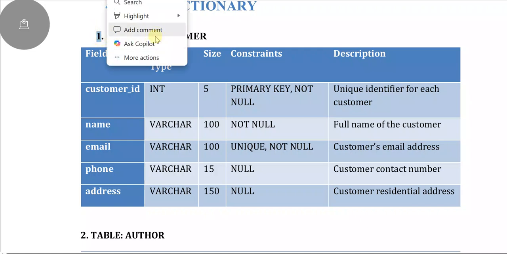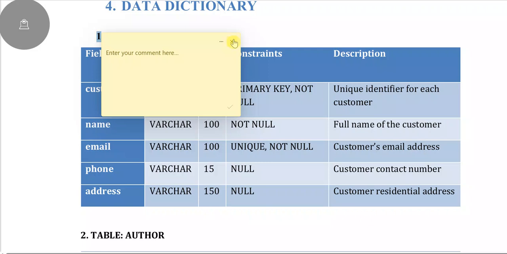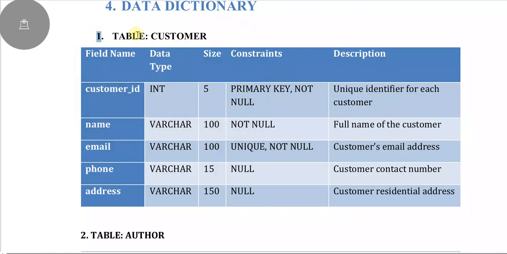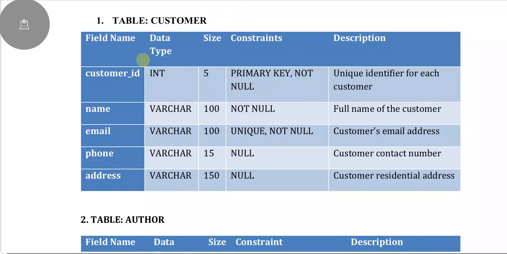The first table, as I mentioned before, is called customer, which has those attributes: customer ID, name, email, phone, and also address, and their data type, size, constraint, and description for each record.